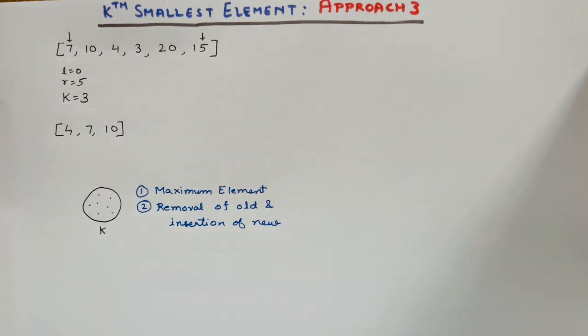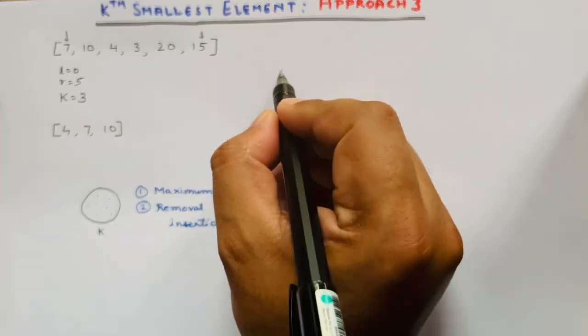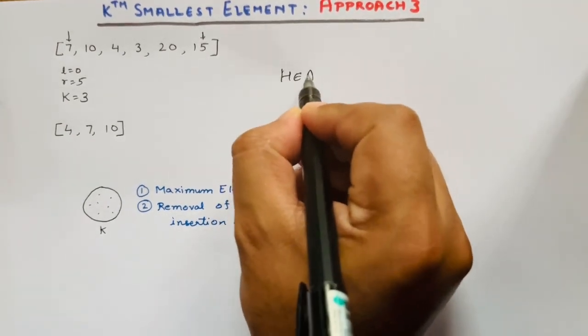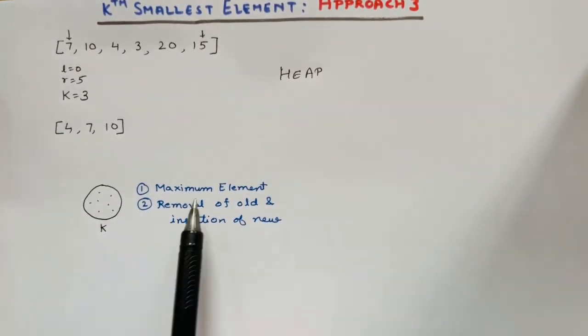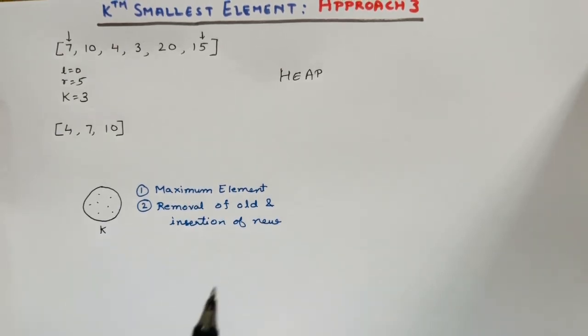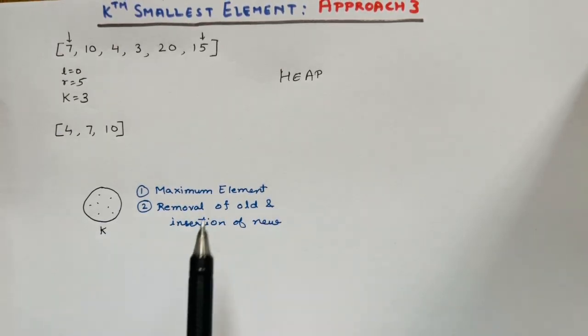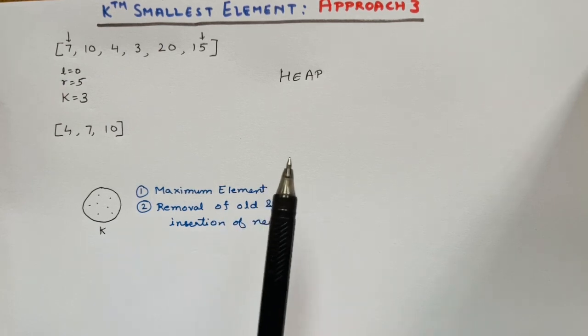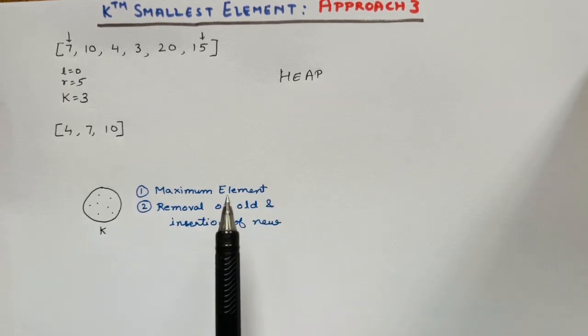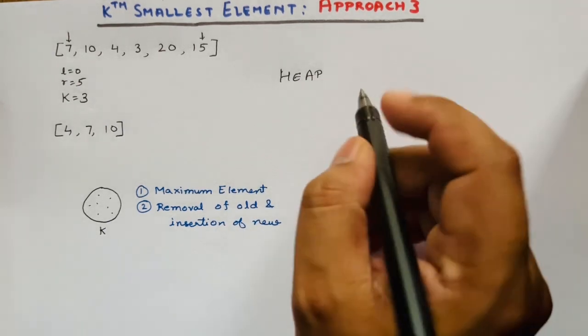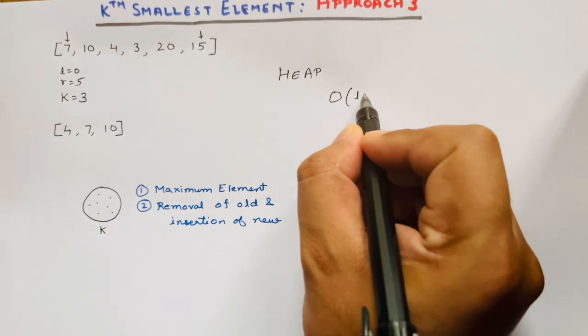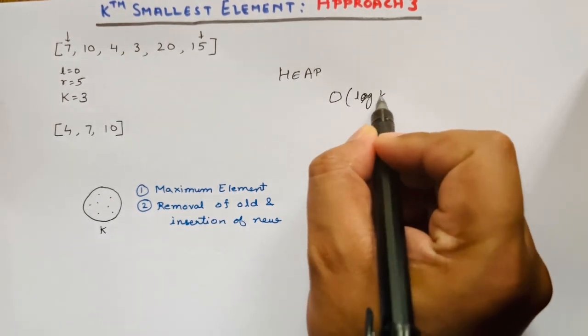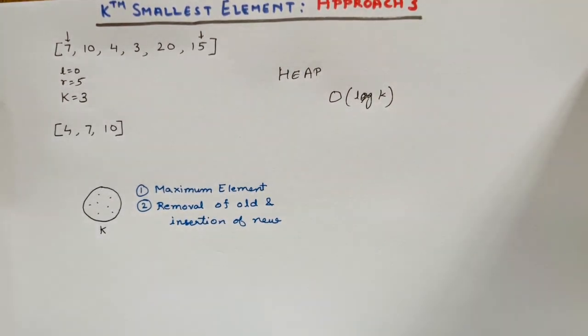Yes, there is one data structure, and that data structure is heap. A heap always keeps track of a maximum or a minimum element, so it can give us that in big O of one time. And updating a fixed size heap by removing an old element and inserting a new element takes big O of log k, which is lesser than big O of k.